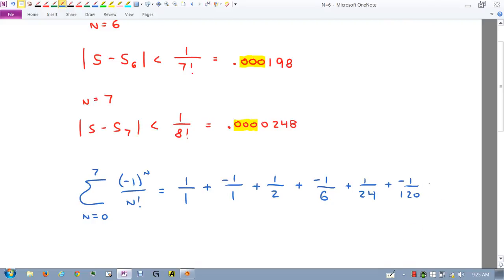So plus 1 over 720, and then 1 more, negative 1 over 5040. That's it. I'm not going to add it up, but whatever that adds up to is the approximation of that sum correct to 3 decimal places.